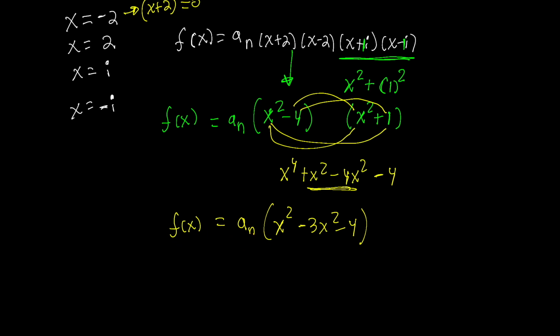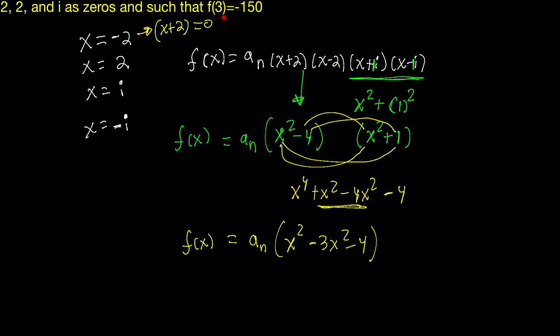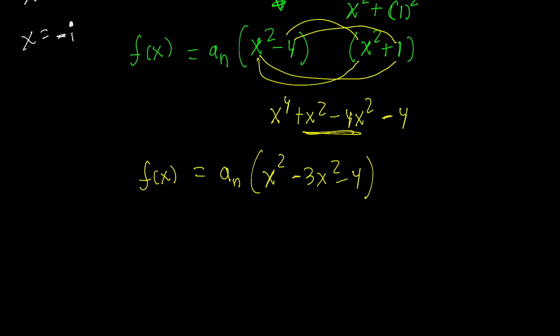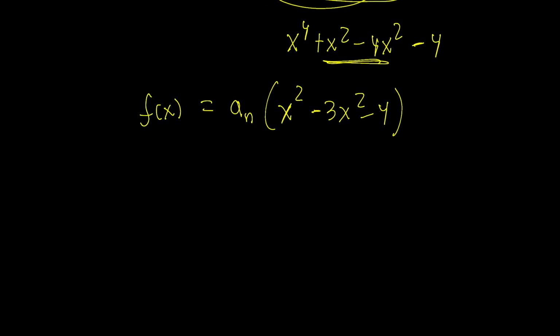To find that leading coefficient, I'm now going to make use of the fact that f of 3 is equal to -150. So here I get that f of 3 is going to equal a sub n, and everywhere I see an x, I'm going to replace it by that 3.